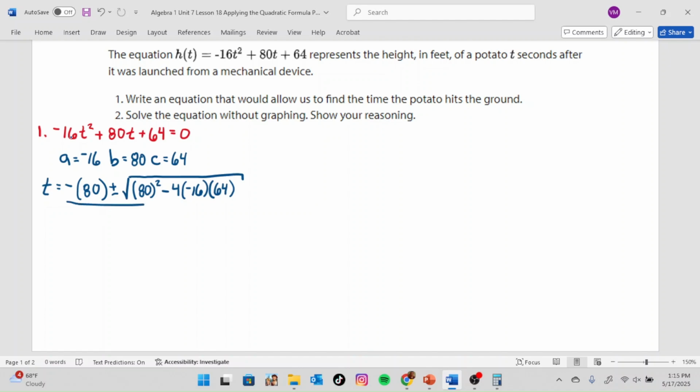And all of this is divided by 2 times A, which is negative 16.